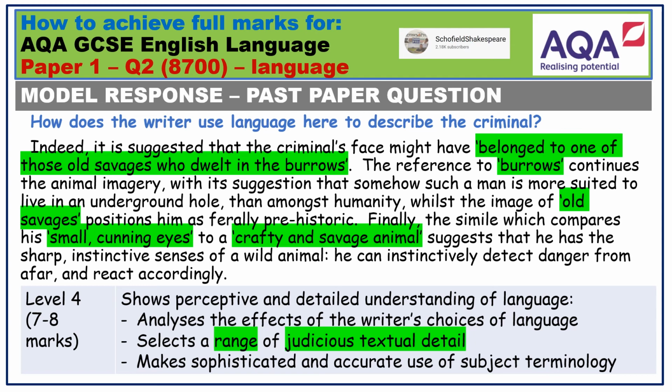I re-quote keywords from a longer quotation, burrows and old savages, in order to ensure that my analysis is sharply focused and insightful, whilst I also embed and cut down the longer simile about the crafty and savage animal. Remember, marks are not really given for copying, but what you say about the language.